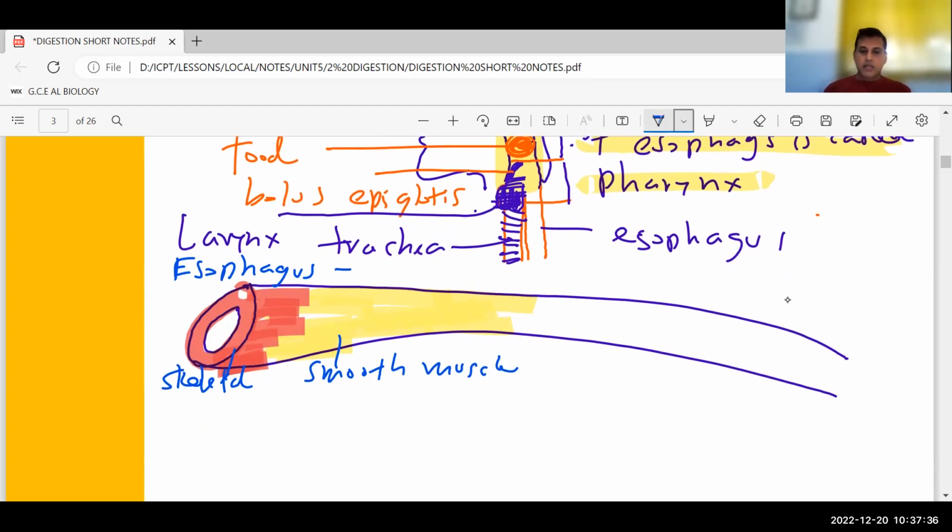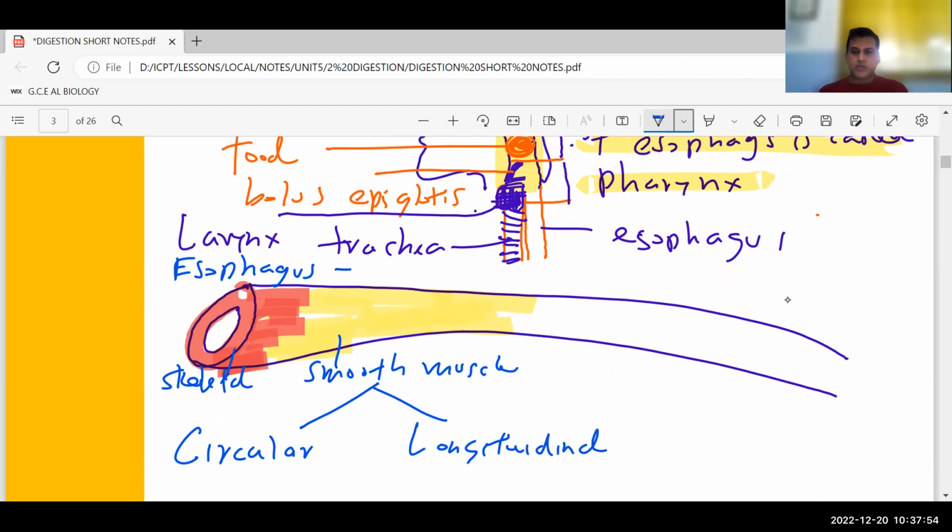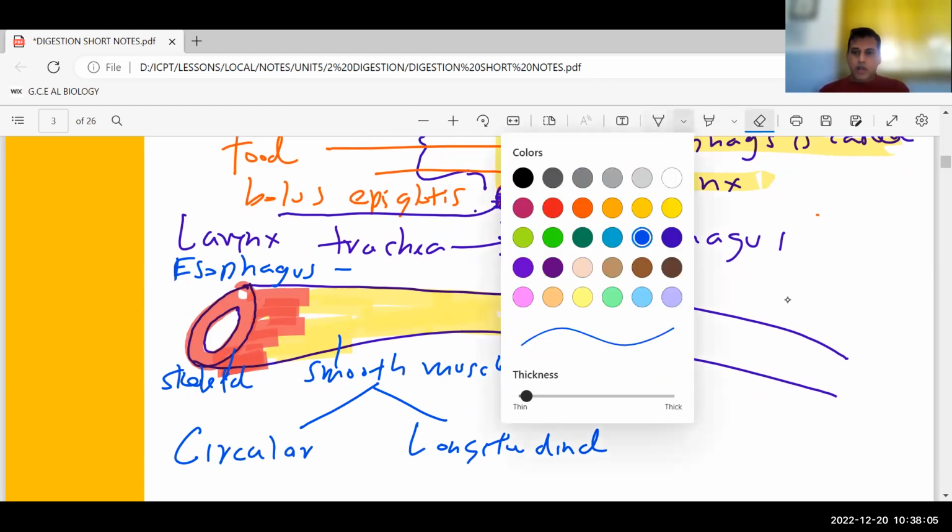And here again, we get two types. One type of muscle is called circular, the other type of muscle is longitudinal. So why do we call them circular muscles?